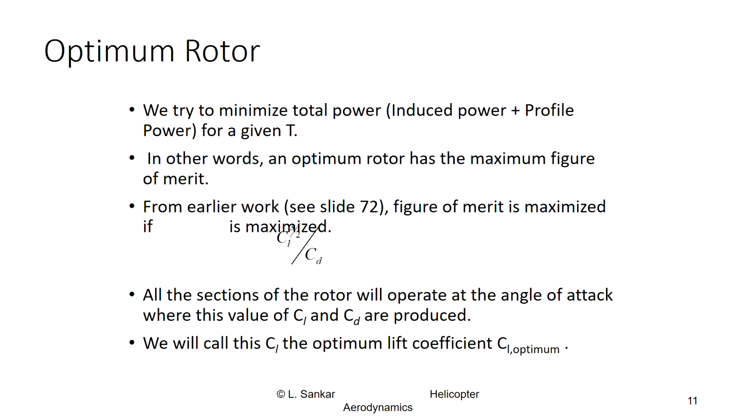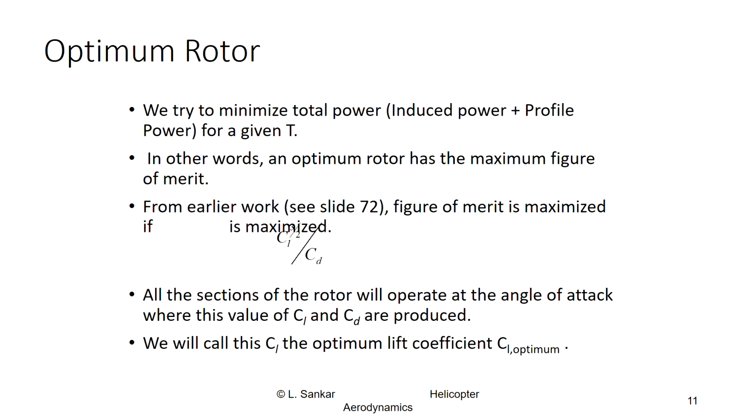But you may remember we saw that the figure of merit is minimized if the average CL to the 3/2 over CD is maximized, or CD over CL to the power 3/2 is minimized. So what you should do is pick an alpha. Remember, as you change the alpha, CL changes, CD changes. So alpha versus CL versus CD is a table.